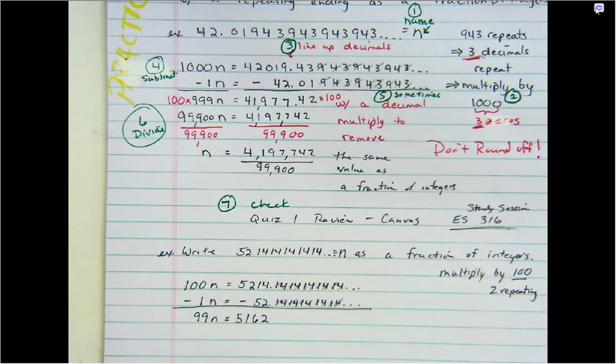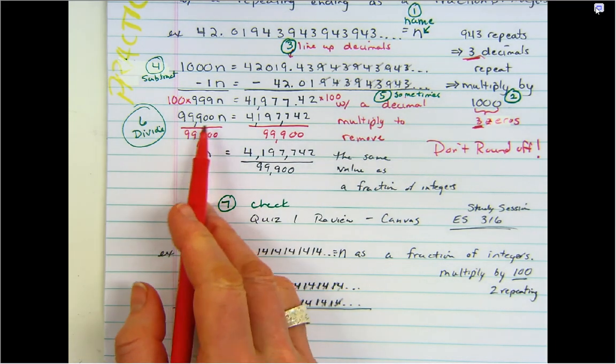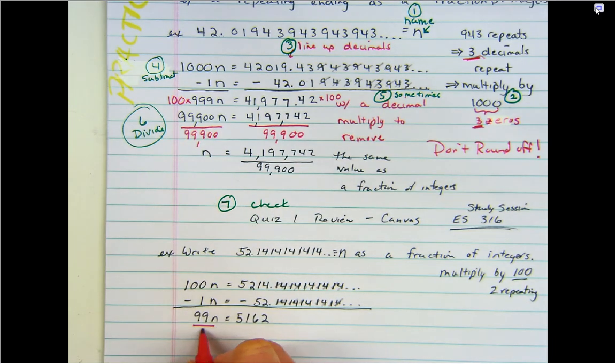So we're on our last step besides checking. We can go ahead and divide both sides by the number. Here we have the number in front of n that we divide by, so 99 in this case.